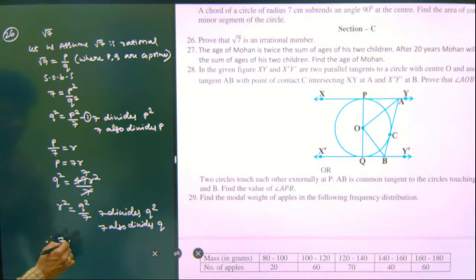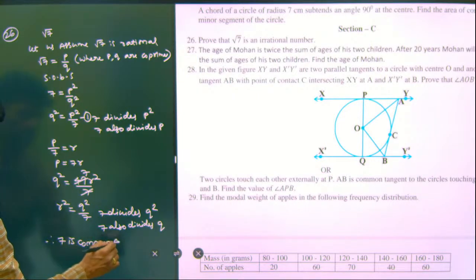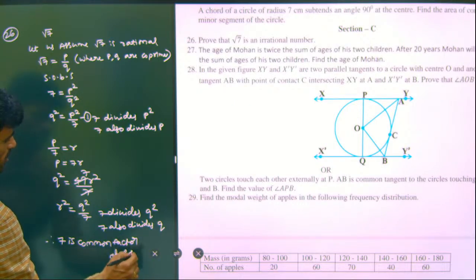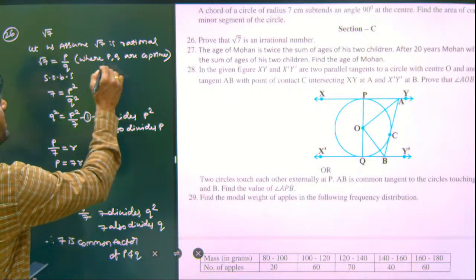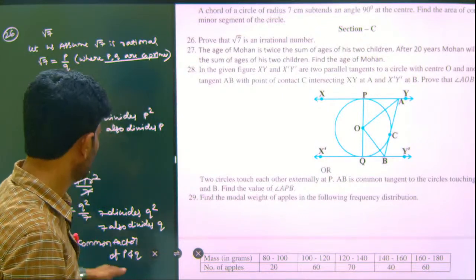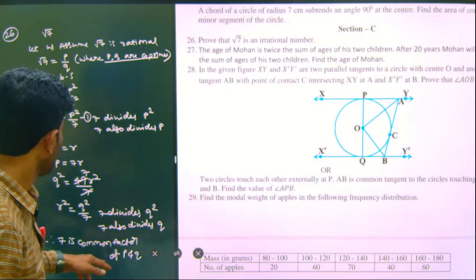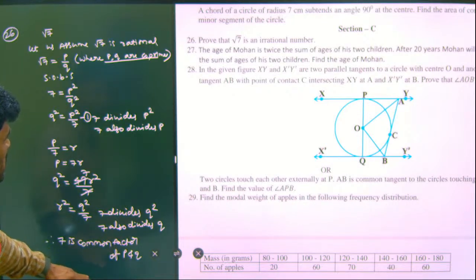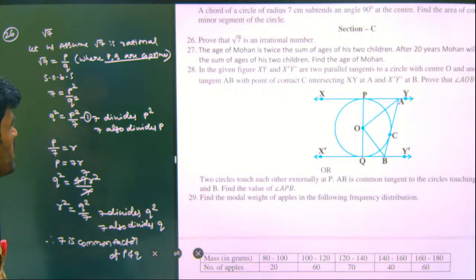Therefore 7 is a common factor of p and q, but we took p and q as co-prime numbers. So after this, what do we write as conclusion? Since this is a contradiction, 7 being a common factor of p and q is a contradiction. This contradiction arose because of our wrong assumption. Therefore root 7 is an irrational number.